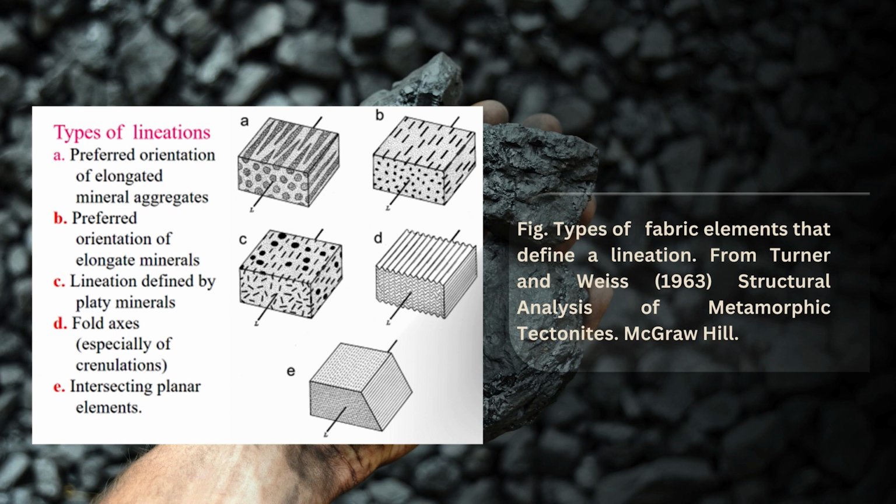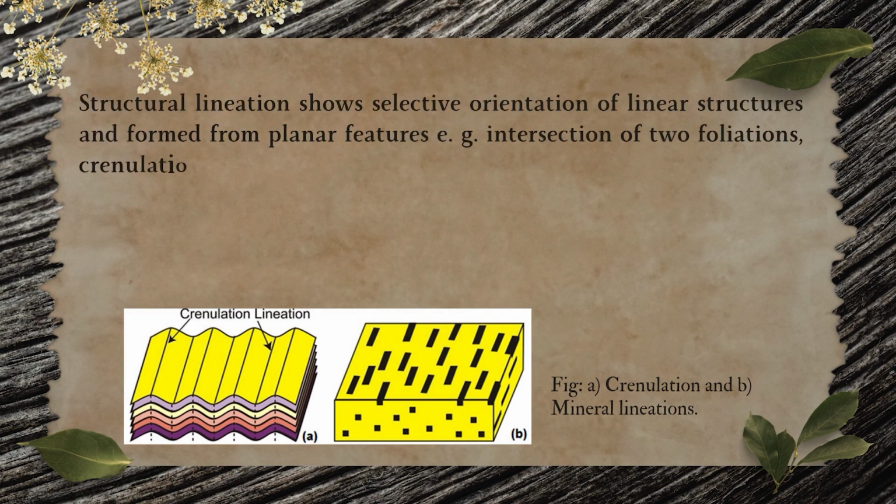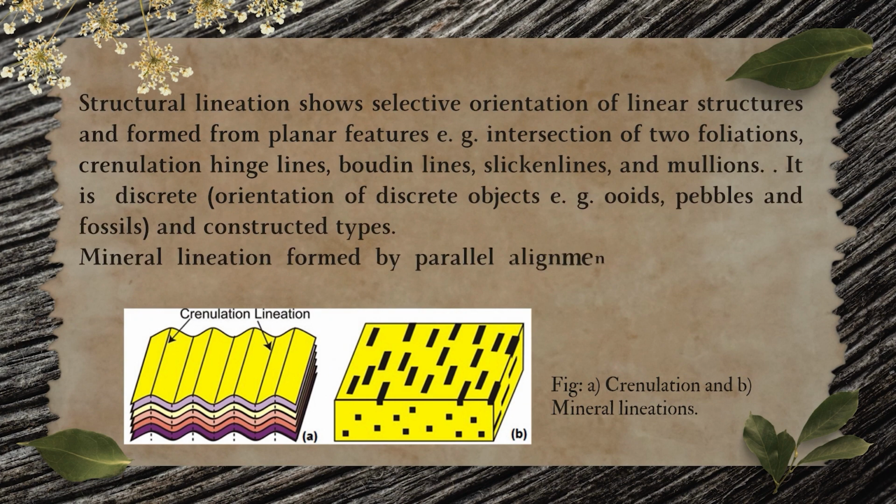E. Intersecting planar elements is shown in figure E. Types of fabric elements that define a lineation, it is taken from Turner and Weiss, Structural Analysis of Metamorphic Tectonites. Structural lineation shows selective orientation of linear structures and formed from planar structures. For example, intersection of two foliations give rise to crenulation hinge lines, boudin lines, slickenlines, and mullions.